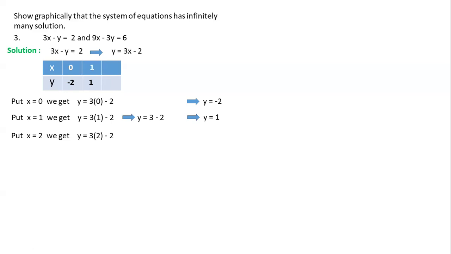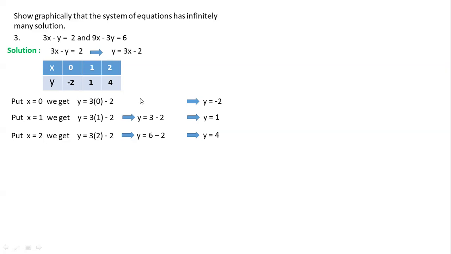So y is equal to 3 into 2 minus 2. So what do we get? 6 minus 2 is 4. So when x is 2, you get y is 4. So this is the third point.